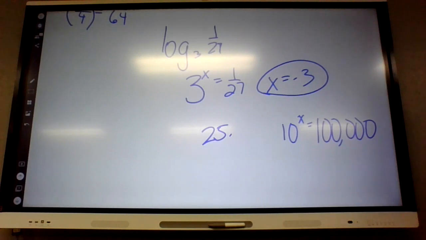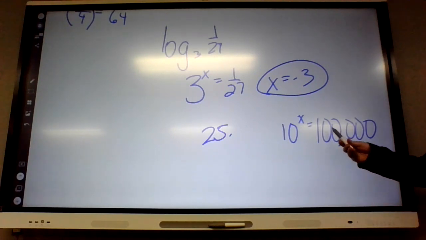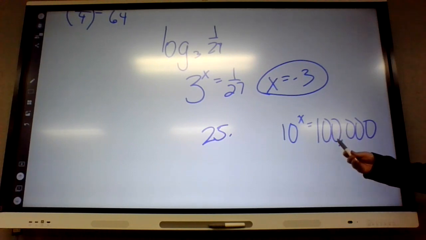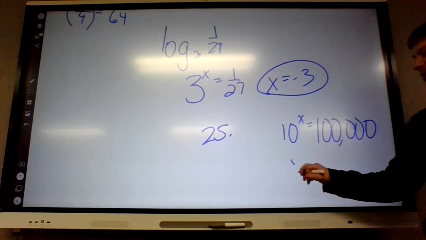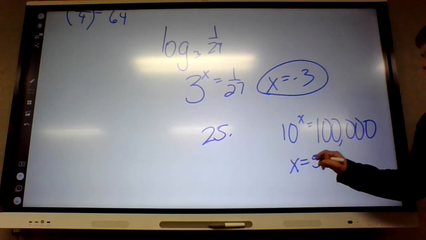How many 10s do you have to multiply together to get to 100,000? 10 times 10 is 100, times 10, times 10. Each time you multiply by a 10, it just adds another 0 on. So this is 5 10s multiplied together, so the answer is 5.